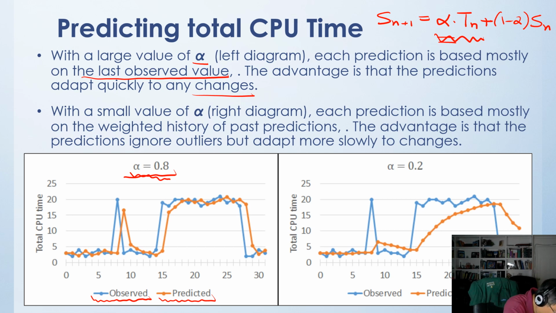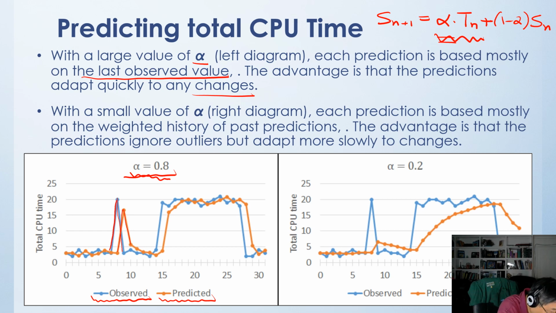So there's a delay, but it's kind of close. Now, what's the problem with this? If there's a spike, the predicted value also has a spike, which is not quite good in terms of process execution.